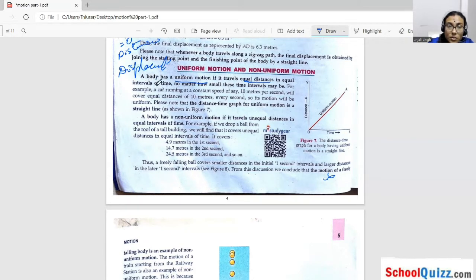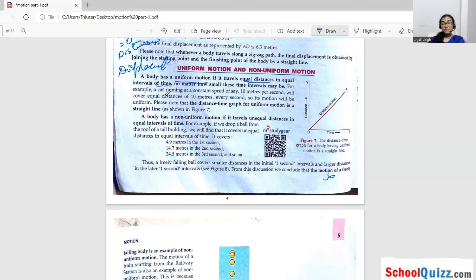What will be equal interval of time? What will be important here? The best example is the motion of the planet around the sun. What you are going to observe, the motion is what? It is a uniform motion because every year it's again moving.